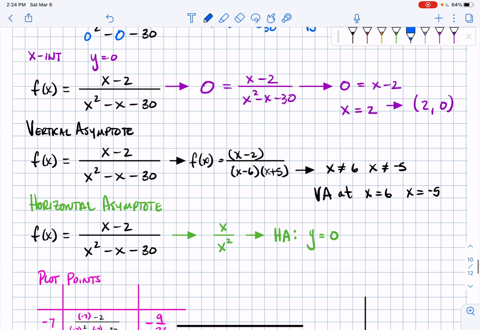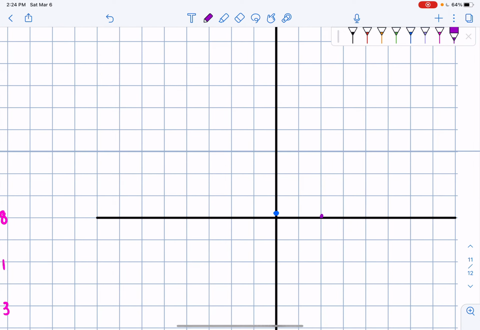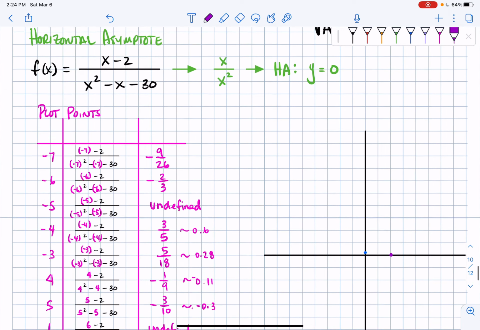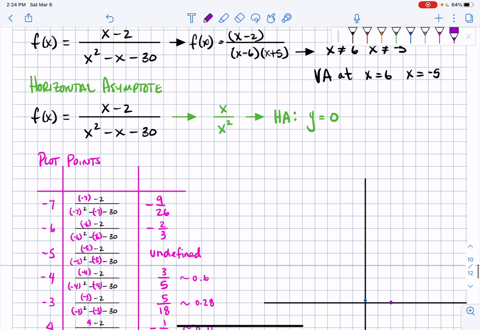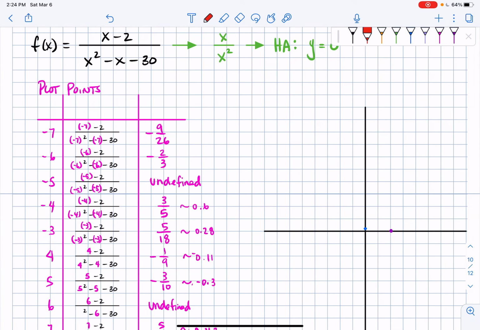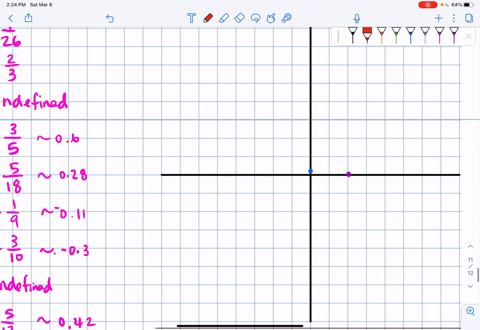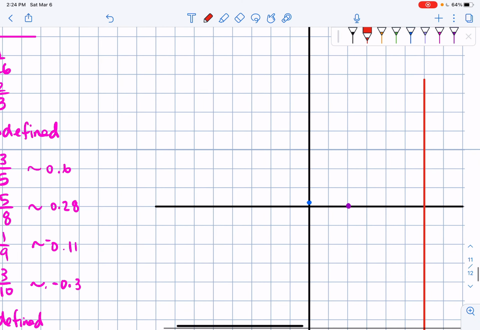I have the point 2, 0. I have a vertical asymptote at negative 6 and 6 and negative 5, 2, 4, 6.